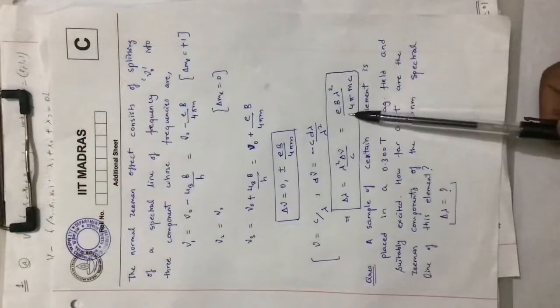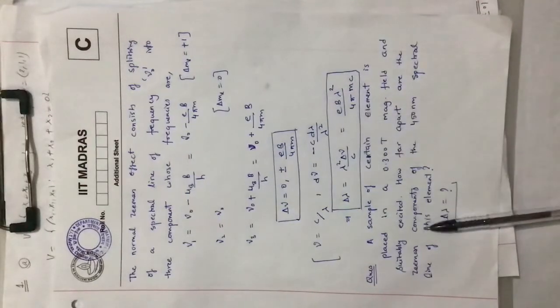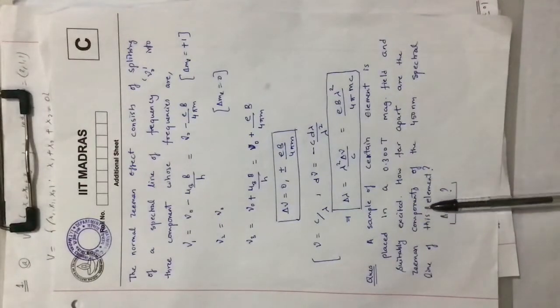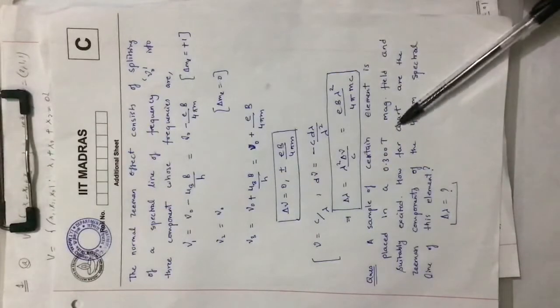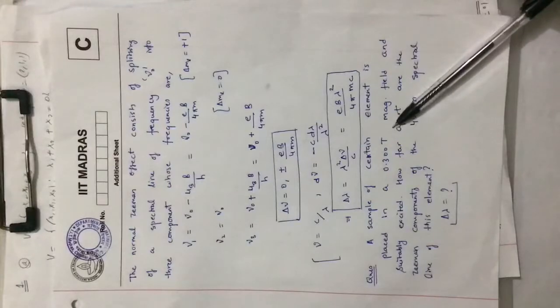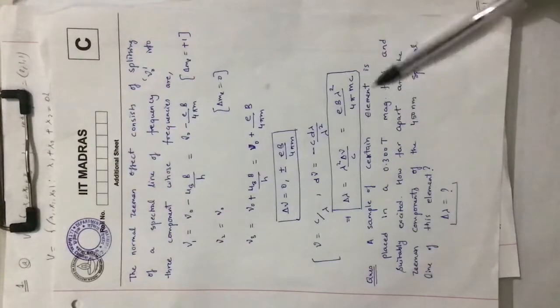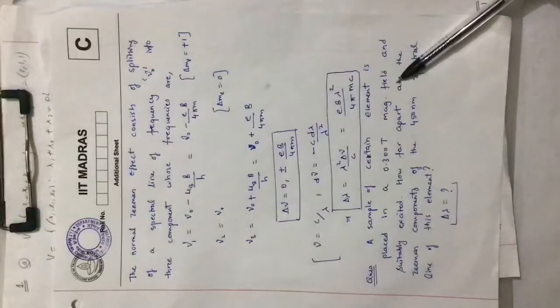So here is a question as well. A sample of a certain element, any kind of element, any atom, is placed in an external magnetic field. The strength of the magnetic field is 0.3 Tesla. This is less than 1 Tesla, so this magnetic field is very weak, and the sample is suitably excited.